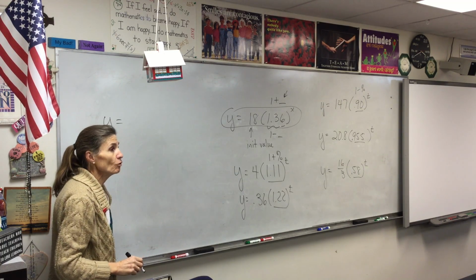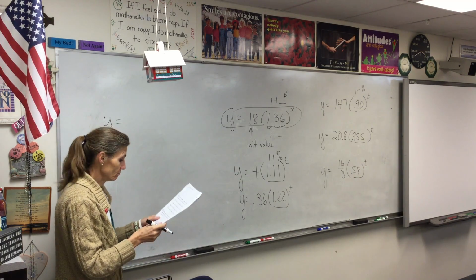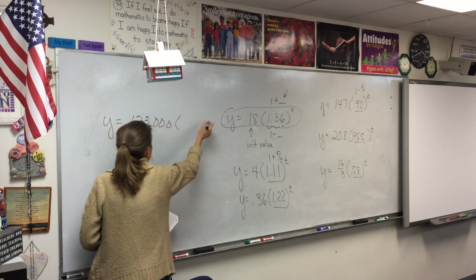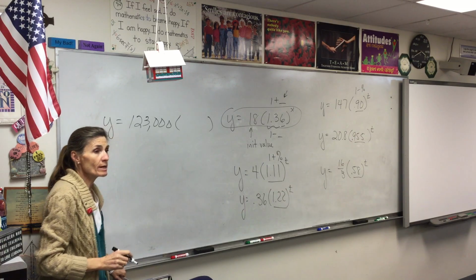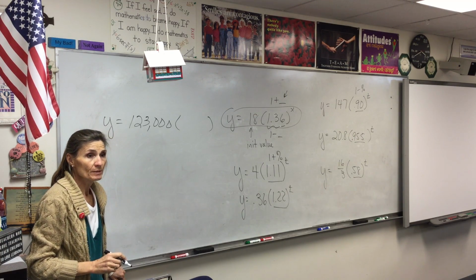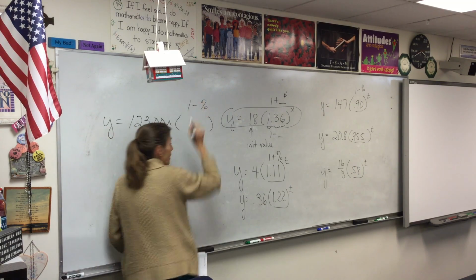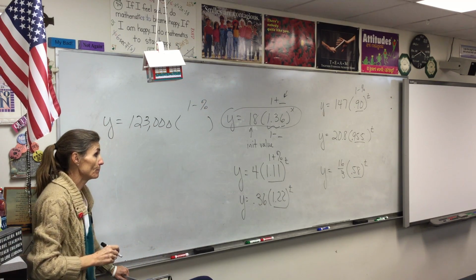What is the initial value of Calcville? 123,000. Is that population going up or down? Down. So to find this number, you're going to take 1 minus the percentage.